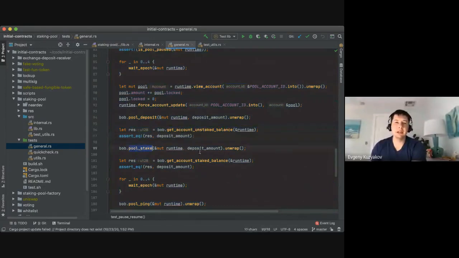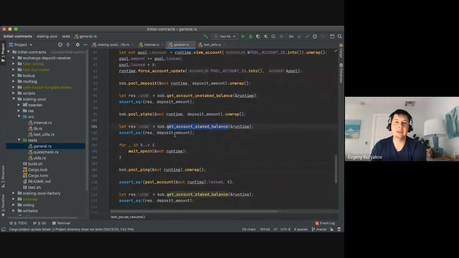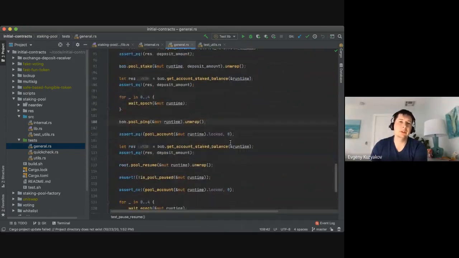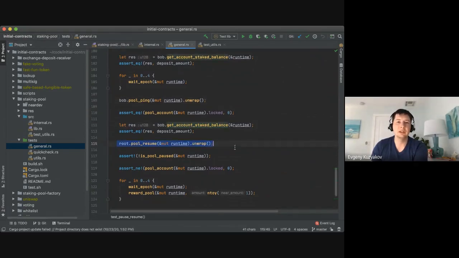Then Bob stakes the amount. The amount is staked now. We verify that Bob has staked the same amount. Bob calls the ping. There are no rewards, but in simulations the rewards are not working anyway, so you need to do this manually. We verify that Bob's amount is still the same, then the pool resumes.